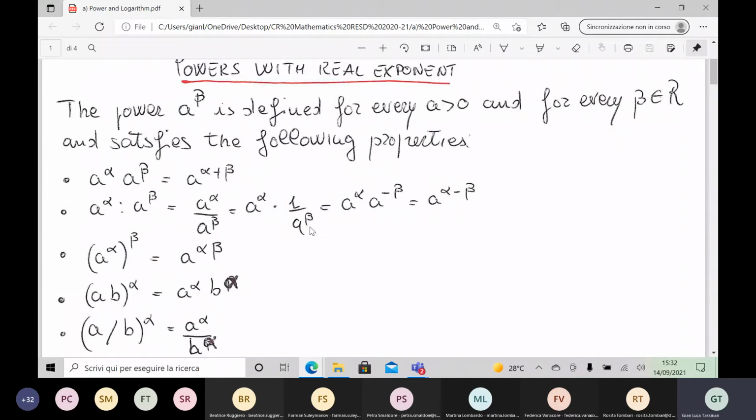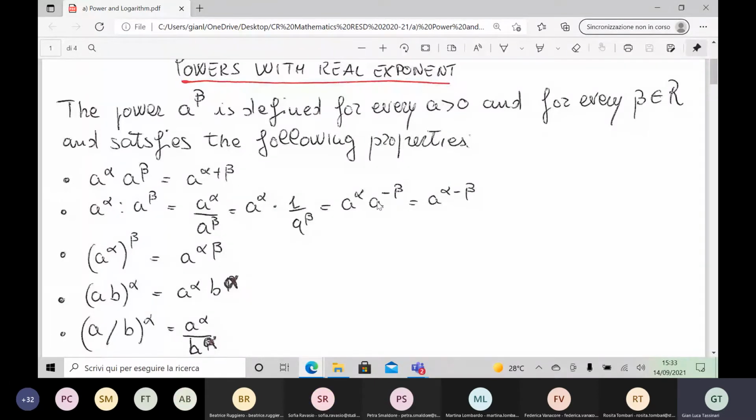Now, you can rewrite 1 over a to the power beta by using a property we have already used before of the exponents. That is, you can put it in the numerator and change the sign of the exponent. So you get a to the power alpha times a to the power minus beta.